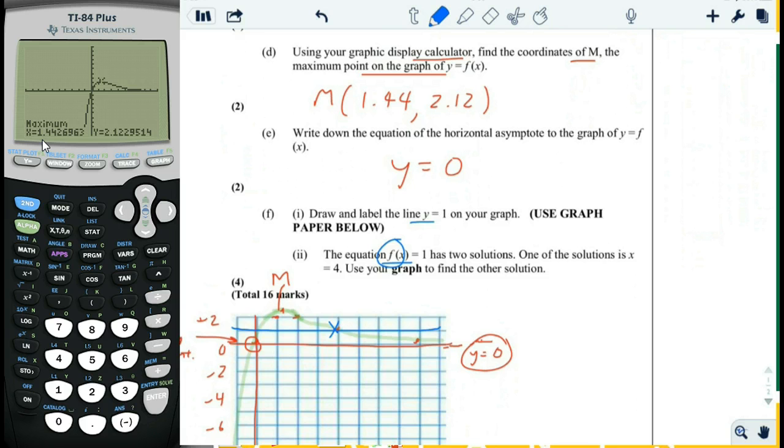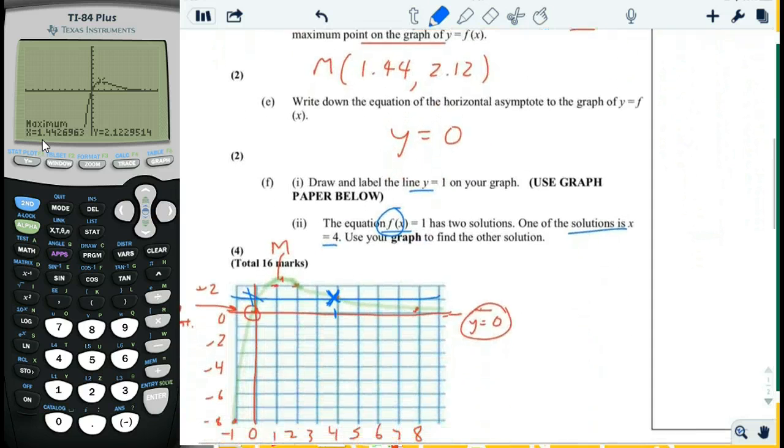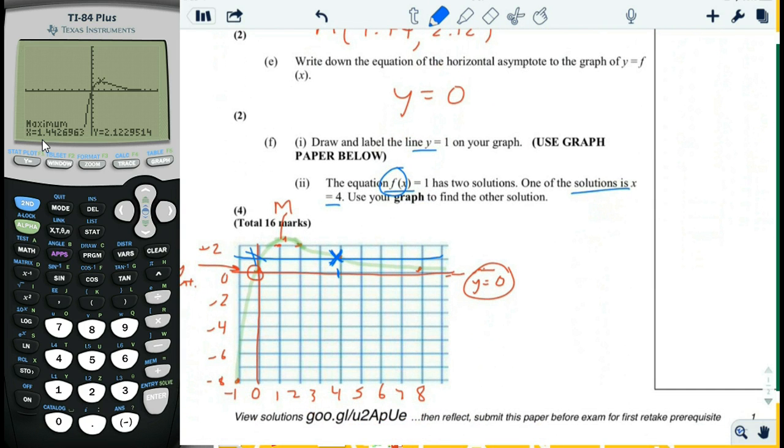There's one intersection there and one intersection there. Well, they say one of the solutions to x is 4. Guess what? That's this one. So they tell us that that's 4. We already know that, right? Because 4, 1 is in the data. Okay, so one of the intersections between the line y equals 1 and the graph of f is 4, 1.